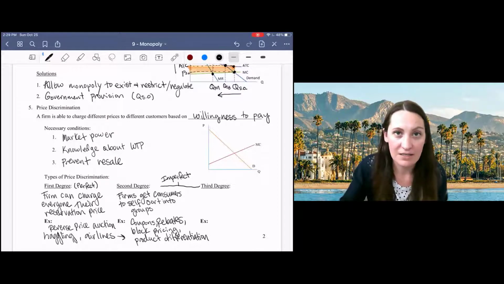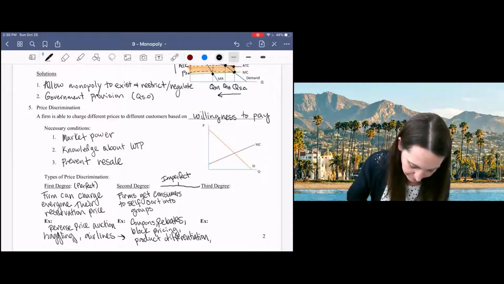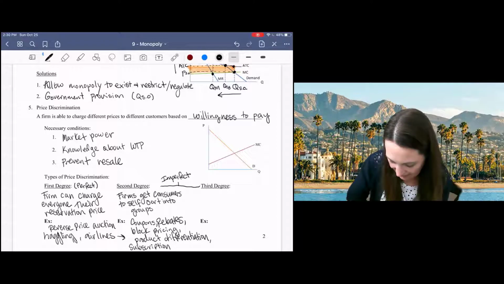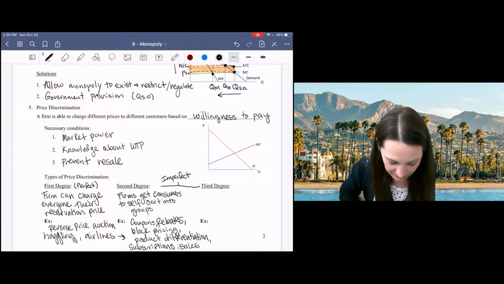They don't actually have a difference in the cost of production, but you're charging different prices simply to sort the groups. Some subscription models, sales, where you have to wait in line, fall into this category.